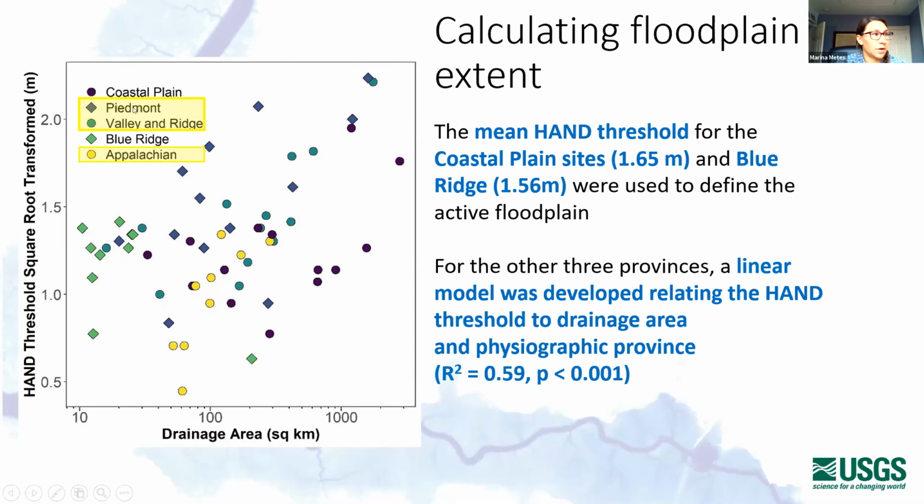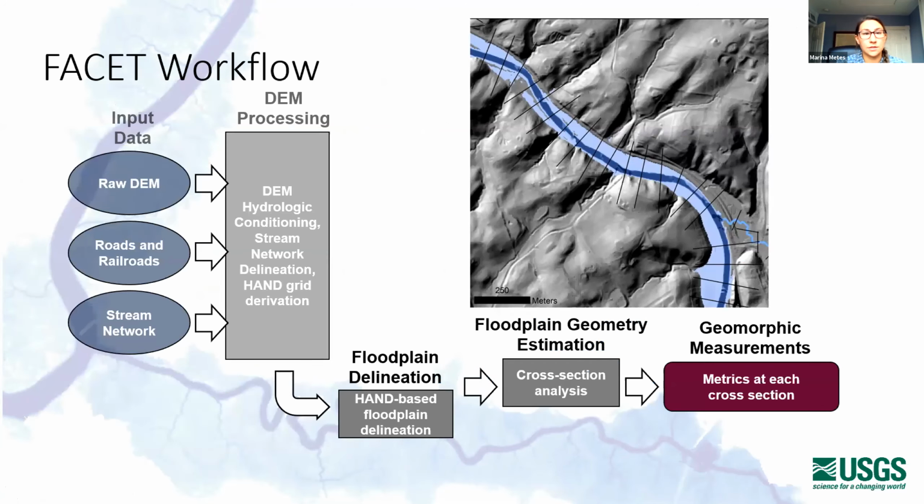But for the remaining Piedmont, Valley and Ridge, and Appalachian Plateau, there was. So FACET uses this linear model that relates the HAND threshold to drainage area to delineate the floodplain extent. And for the 2 provinces where we didn't have a significant relationship, we used the mean HAND threshold from our field sites. And this is the output of our floodplain.